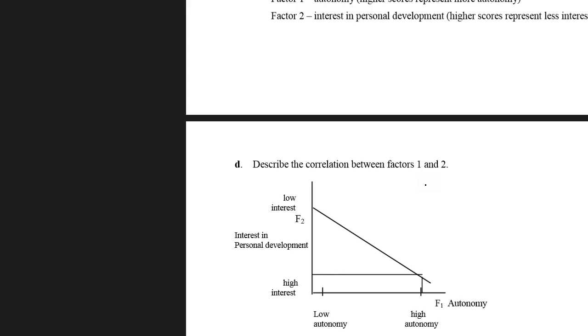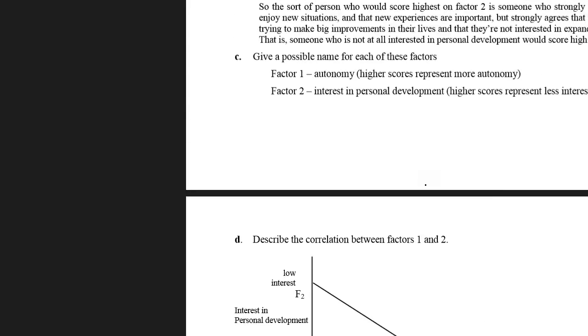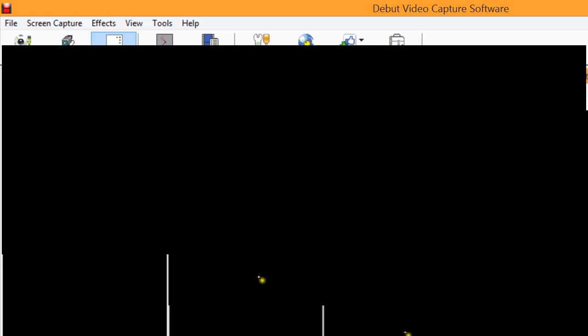Because interest in personal development is a negative item, where those who score high tend to have less interest in personal development, but they're negatively correlated. So it ends up being that those who are more interested in personal development tend to have higher autonomy, and those who are less interested in personal development tend to have a lower autonomy. Okay. And that's all of the questions discussed.